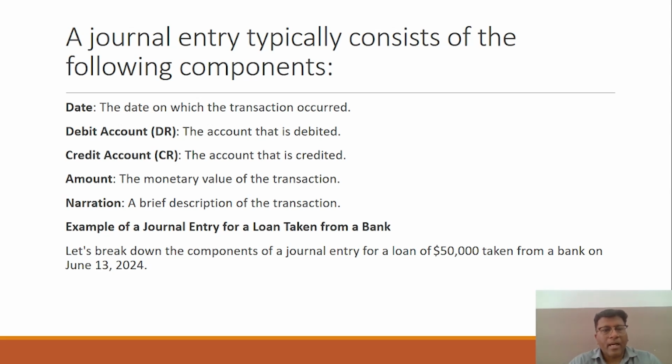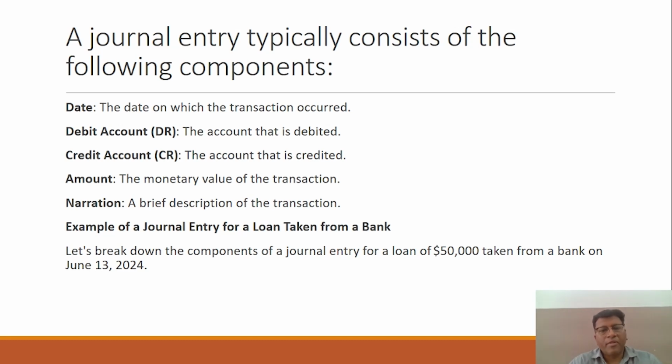And at last you have to mention the narration, which is a brief description of the transaction, so that if the users of accounting get some doubts or confusion, by observing the brief description in the narration, they can satisfy themselves about exactly what the transaction is.